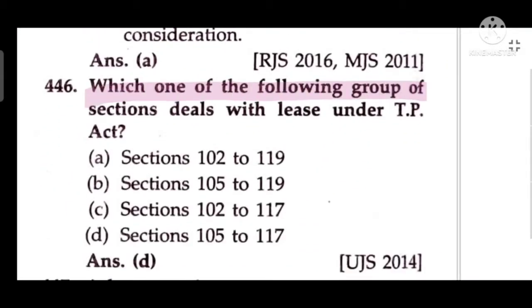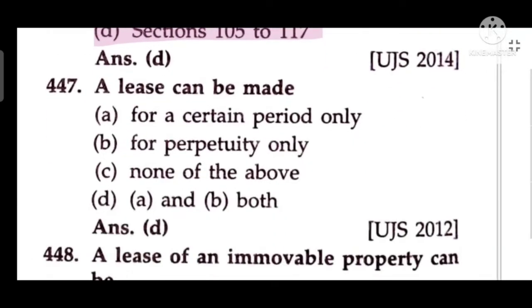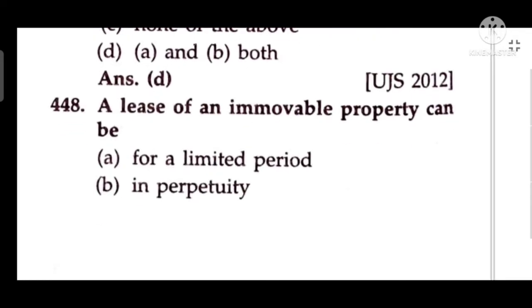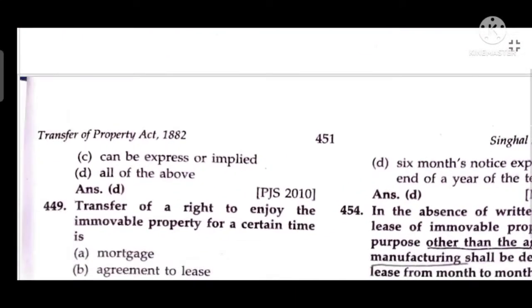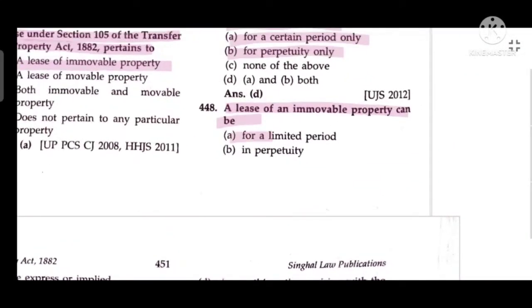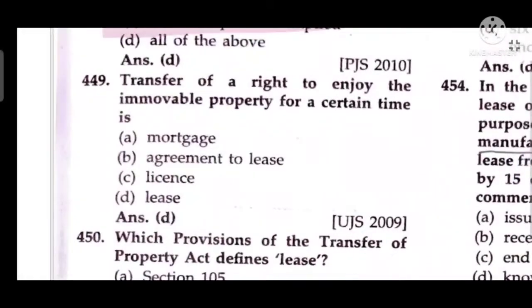Which one of the following groups of sections deals with lease in the Transfer of Property Act? Sections 105 to 117. A lease of immovable property can be for a limited period or in perpetuity, and can be express or implied.